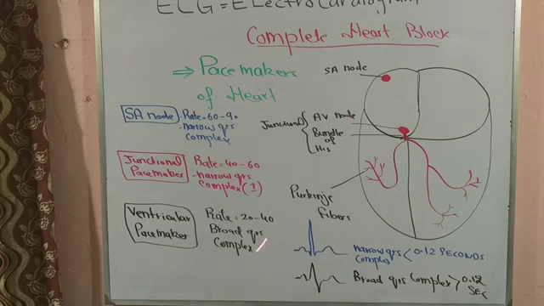Because if they do not wake up, then because of this complete blockage, which we call the complete heart block or the third degree heart block, there will be P waves, because atria will depolarize even before the AV node entry of the impulse. But there will be no QRS complexes, because no impulse will be transmitted downwards, because there is a complete blockage of the AV node. So these two pacemakers will wake up and try to run the ventricular systole, so that blood pressure can be saved and the person's life can be saved.